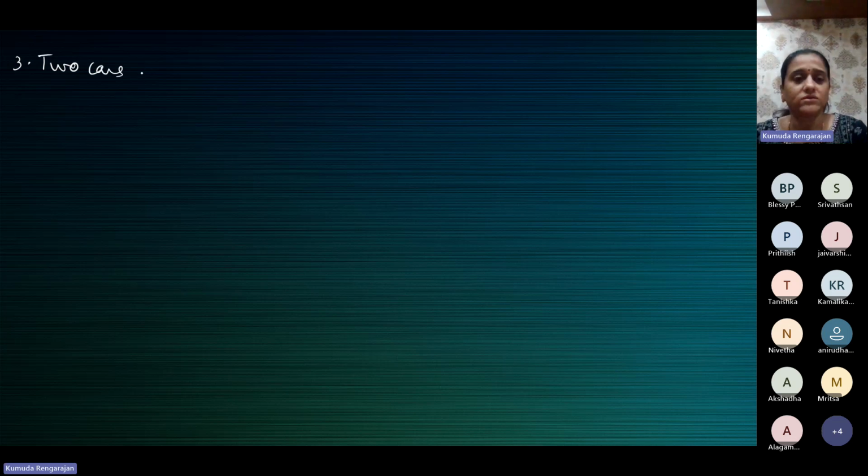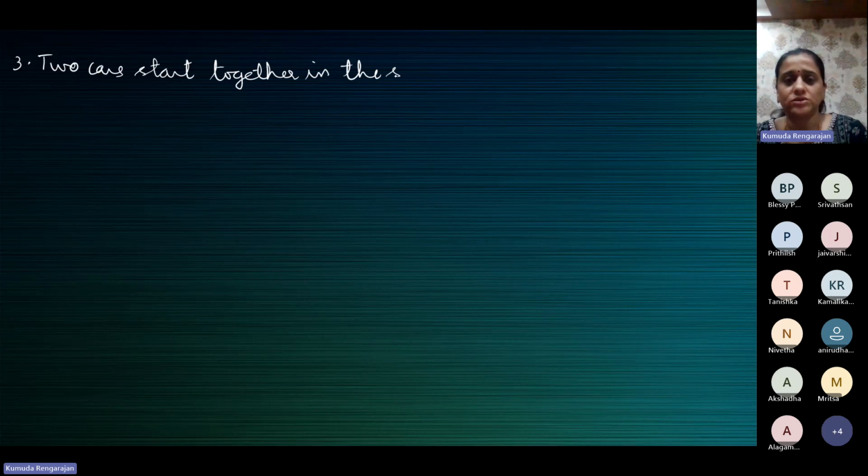Two cars start together in the same direction from the same place.